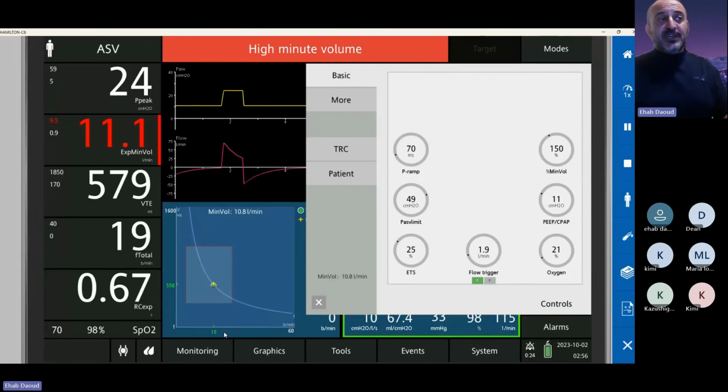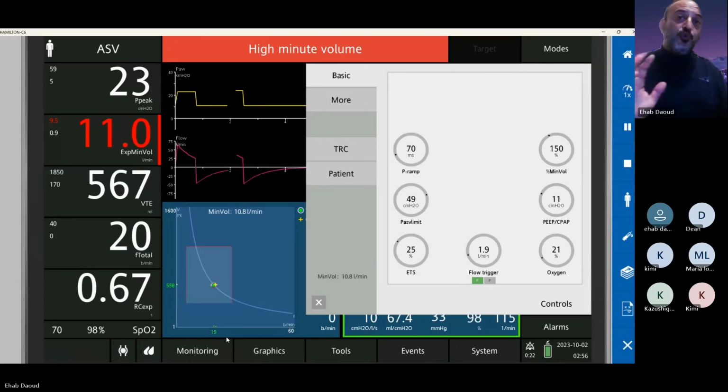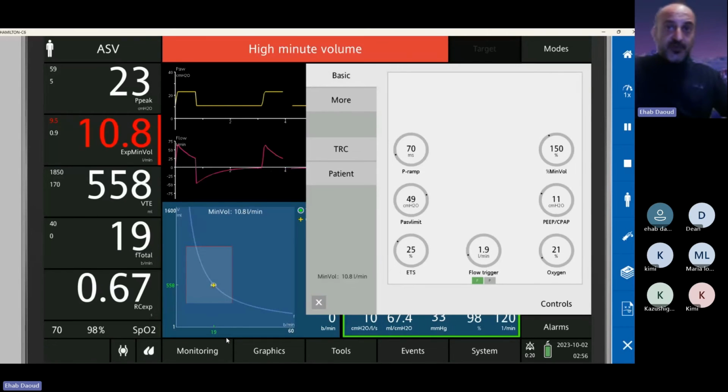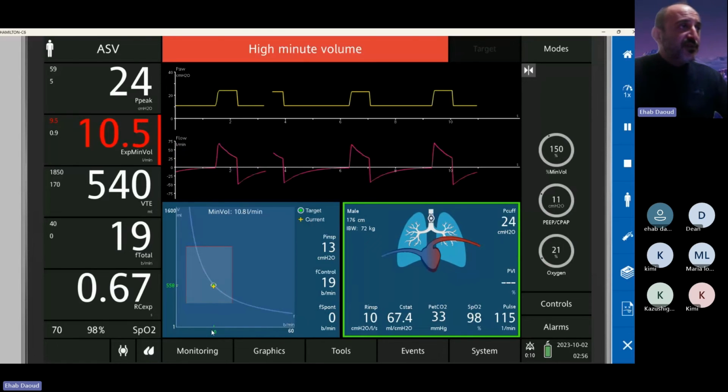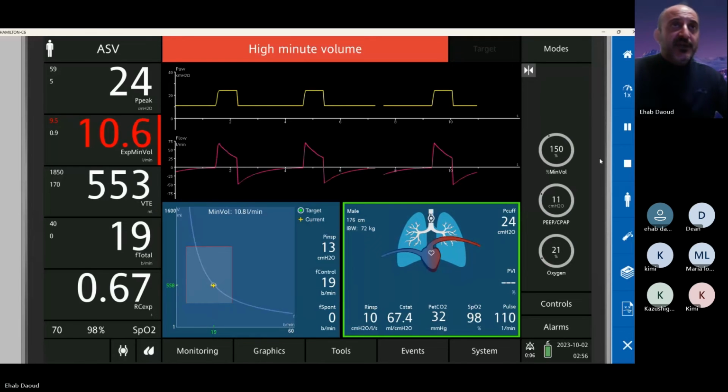If the patient is breathing 20 above that limit, then all the breaths will be pressure support ventilation. So it's not only one mode, it's basically multiple modes. All right, so here the ventilator set our patient at a rate of 19 and tidal volume of 588.